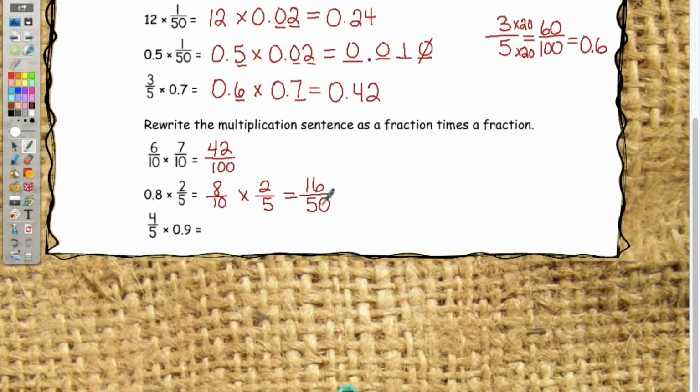Now I need to simplify. What should I divide by? Yes. So Eurydia, 16 divided by 2. And 50 divided by 2. You got it. So that's my answer.